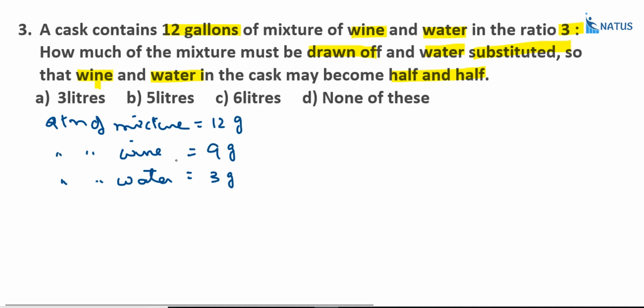Now, suppose X gallons can be drawn. How much of the mixture must be drawn off? Let us take that as X, right?